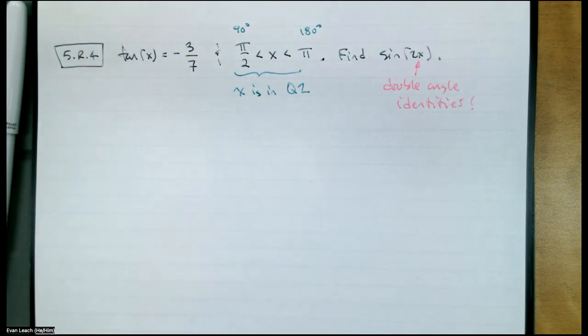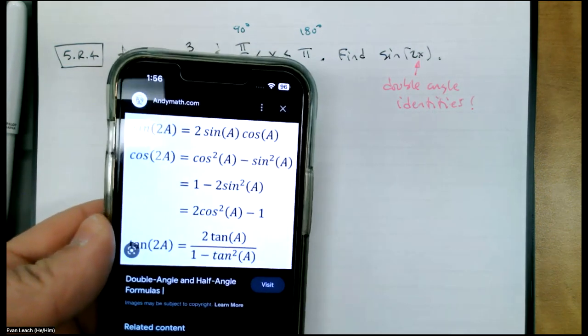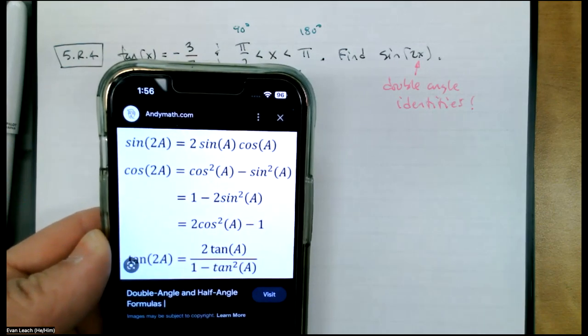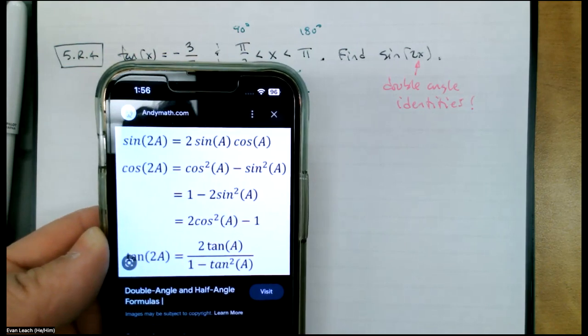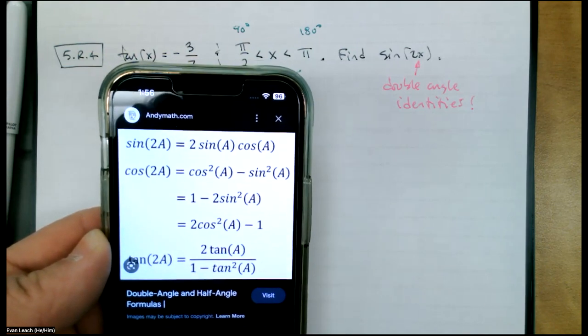Or we could look for a double angle identity. Our standard list of double angle identities doesn't have sine of 2x based on tangent of x.